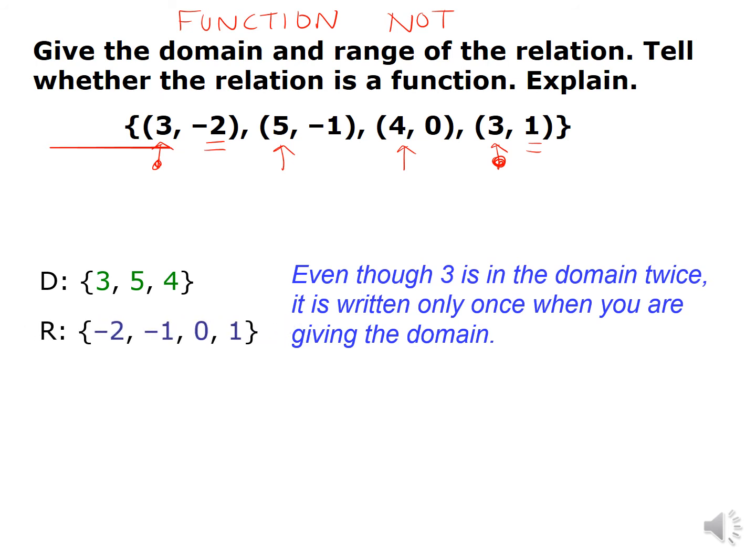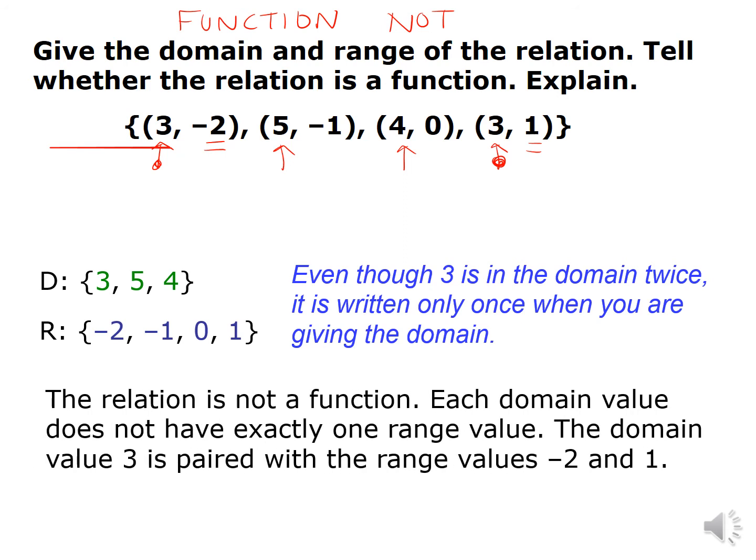And the range is all the answers, the y's. And then it explains what we already found out. The relation is not a function because each domain value does not have exactly one range value. The domain value 3 is paired with 2 values. So one x has more than one y, and therefore it is not a function.